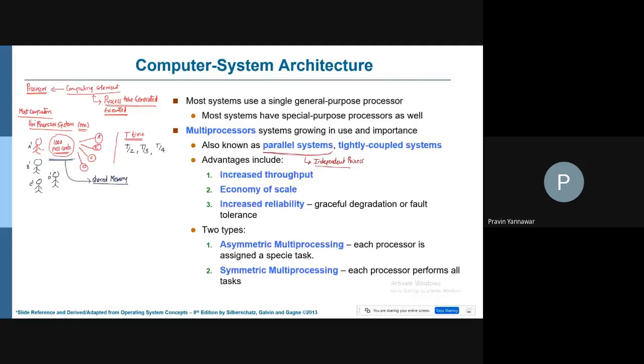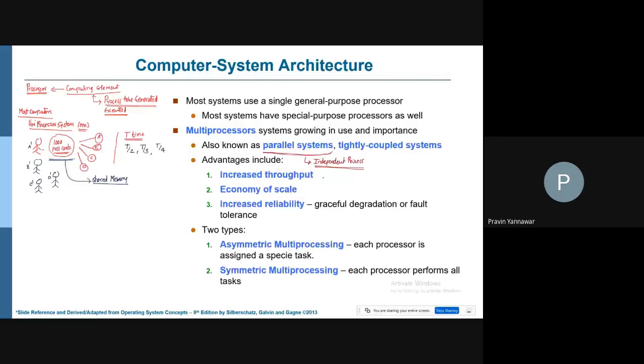It means that the execution of the processes is not dependent on each other. If such a system is there, then we can go for parallel systems.